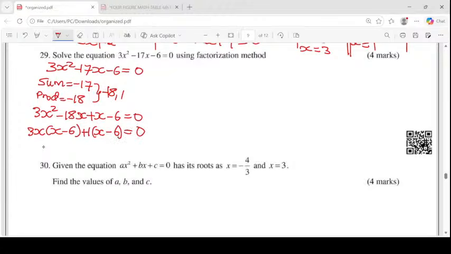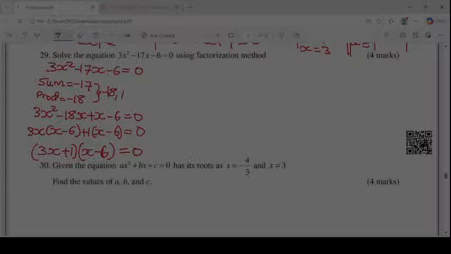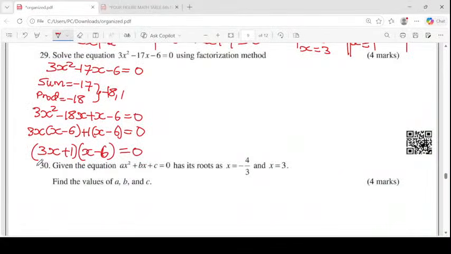Then this will be 3x plus 1 in one bracket, then x minus 6 in another bracket, being equivalent to 0. You can see how mathematics is flowing, ladies and gentlemen.